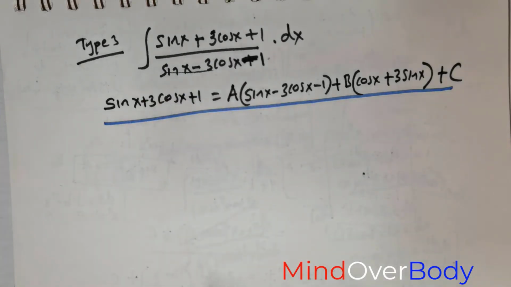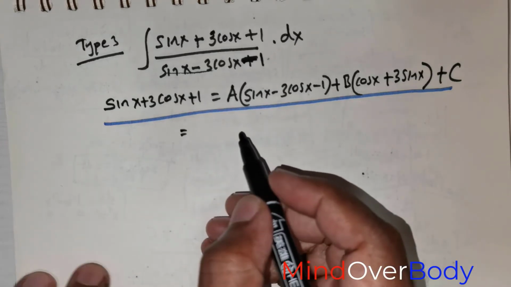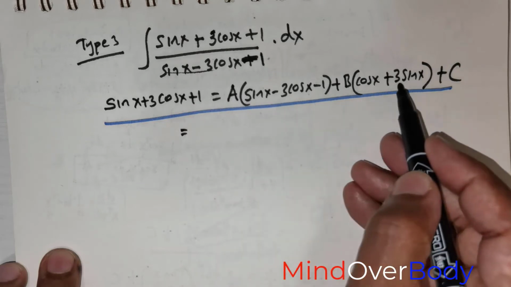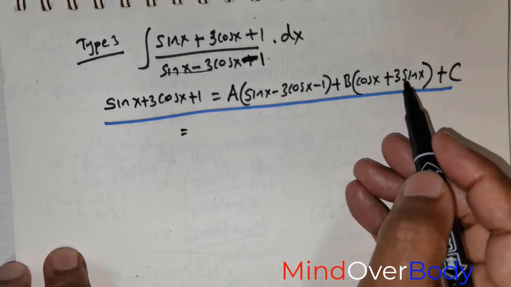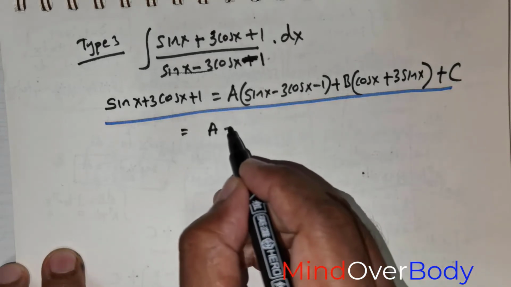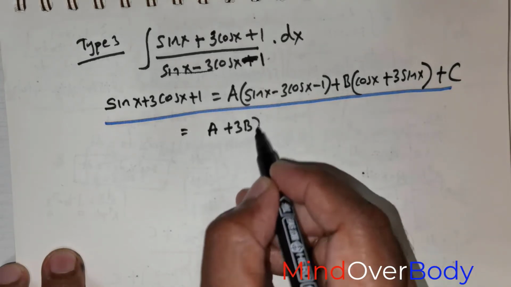So now what I'm going to do is take the coefficients of sin x and cos x and the constant term together. How would I do that? Over here I get a times sin x and 3 times b sin x. So this is going to be a plus 3 times b with sin x.